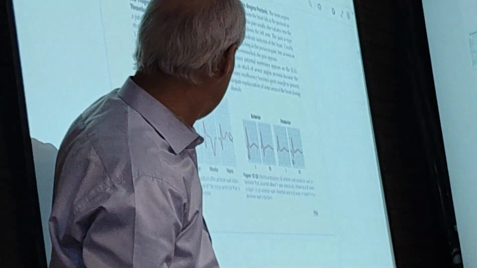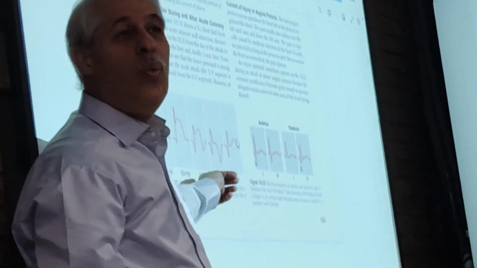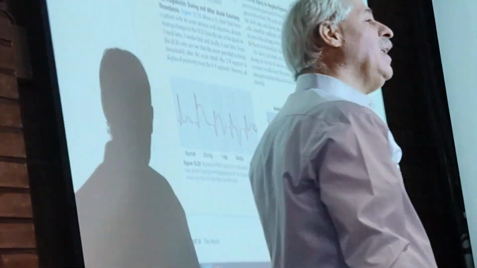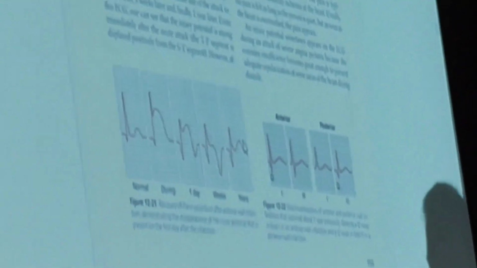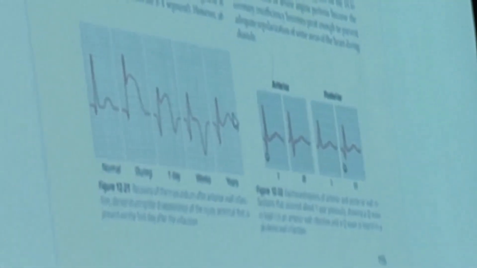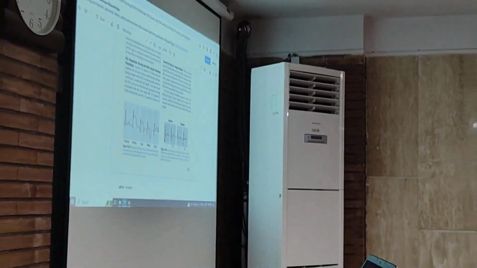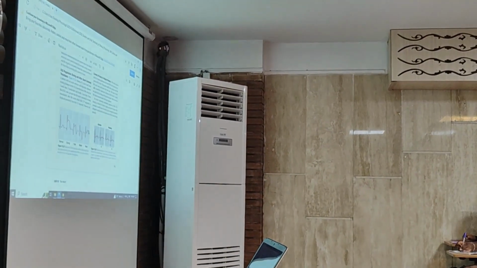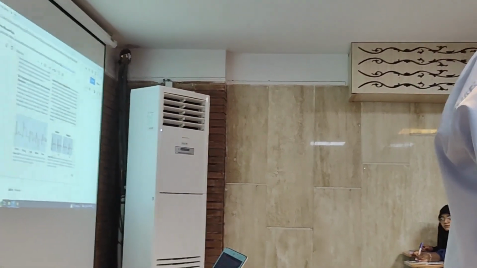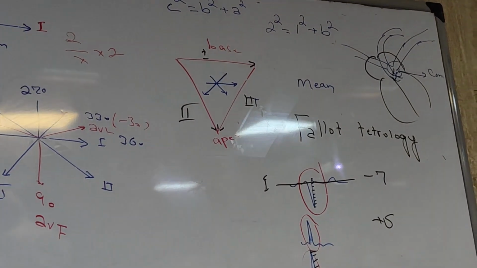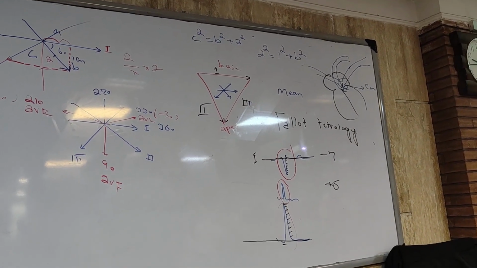See, after a year, ST changes would resolve and you will have a big Q wave. Take a look. Q wave means the cells have died and they cannot produce depolarization or repolarization. ST changes means the cell is depolarized, what I said, current flow.